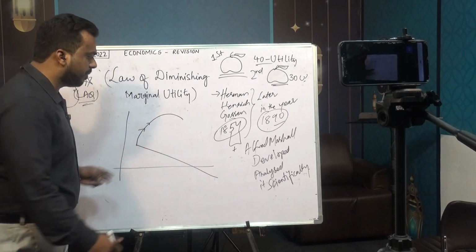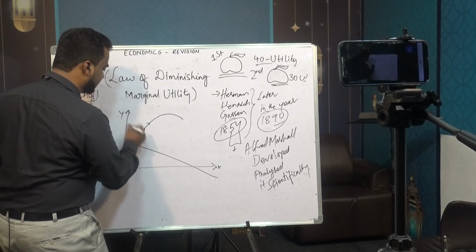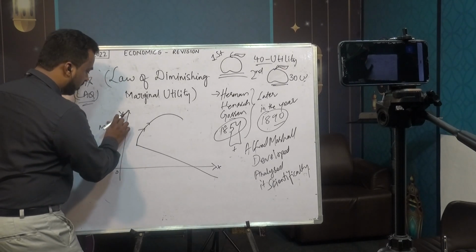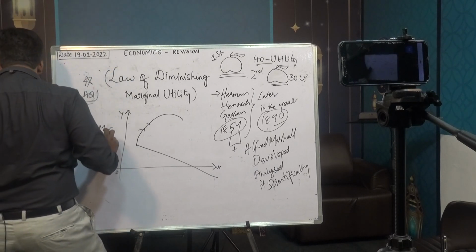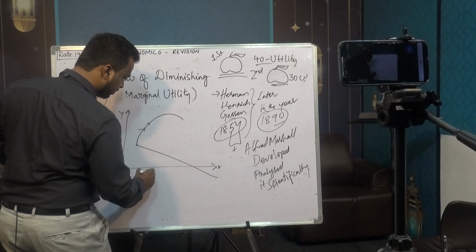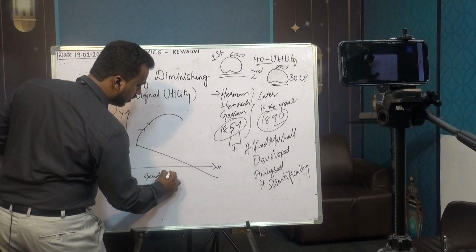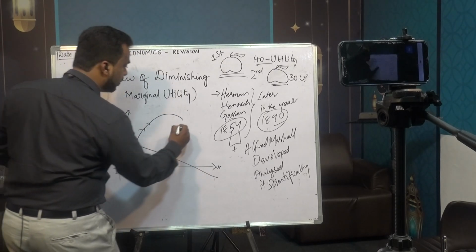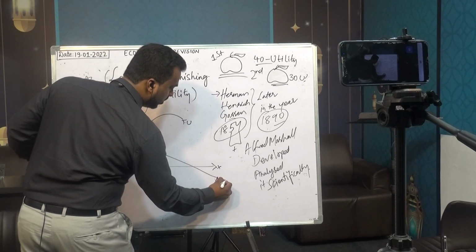Understand and write that this is your X-axis, this is your Y-axis. On your Y-axis you have marginal utility or total utility, and on the X-axis you have goods X. This is your total utility, this is your marginal utility.